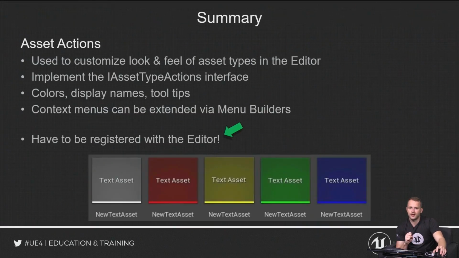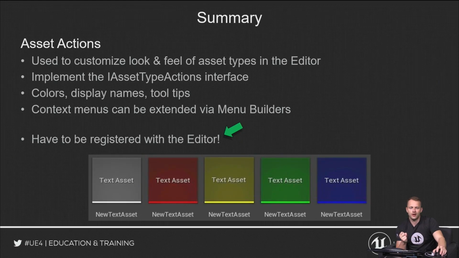So that's pretty much it for asset type actions. And to sum it up, the asset type actions allow you to modify the look and feel of your assets in the content browser. They're really easy to implement by just inheriting the IAssetTypeActions interface or some base class that implements its interface. You can customize things like the display name, the colors, the tooltips.